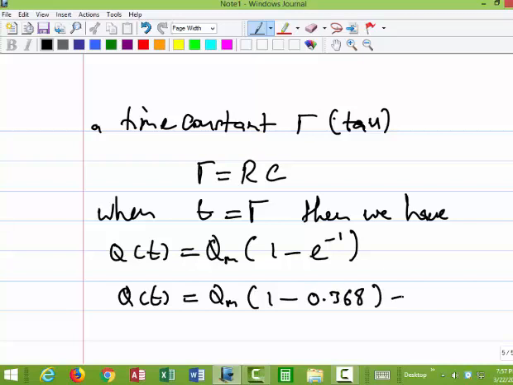So this tells us that we have 0.632 Qm. So when t is equal to one time constant, the charge is about 63% of its maximum value. Okay, the charge is 63% of its maximum value at one time constant.